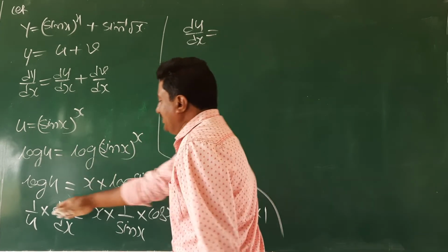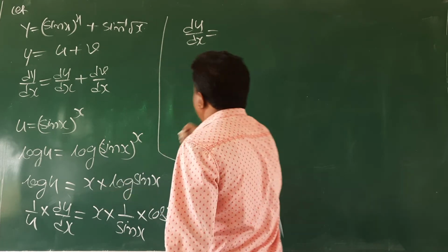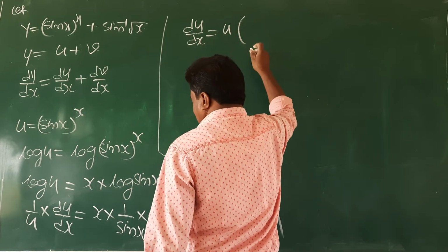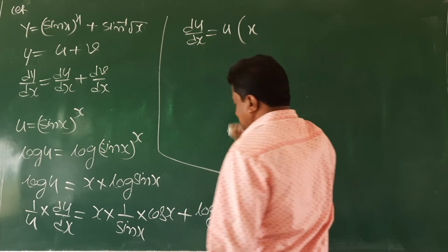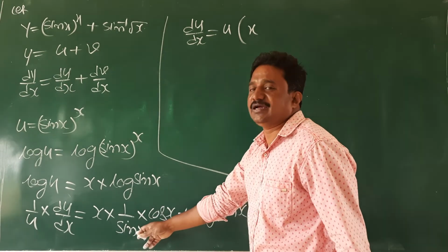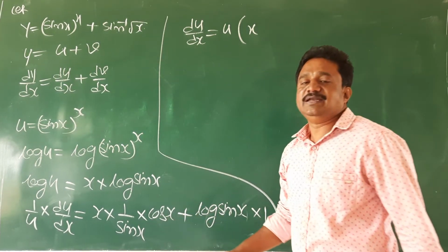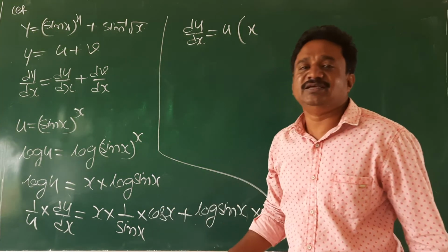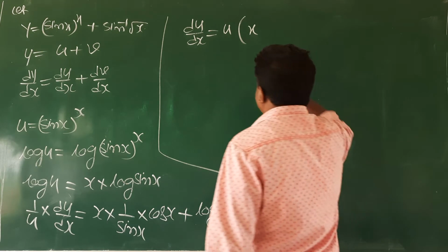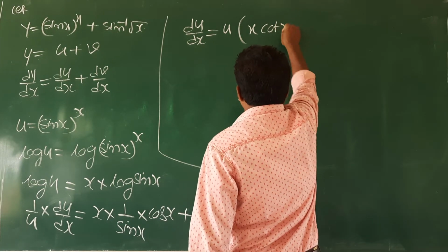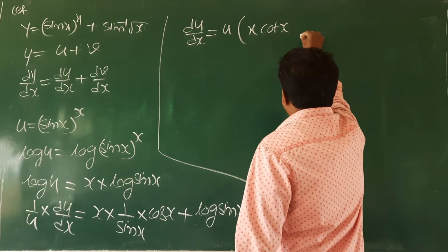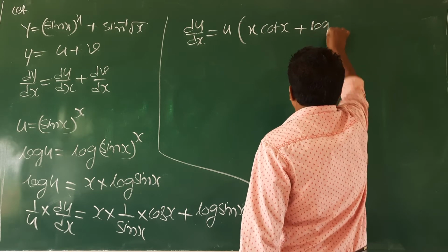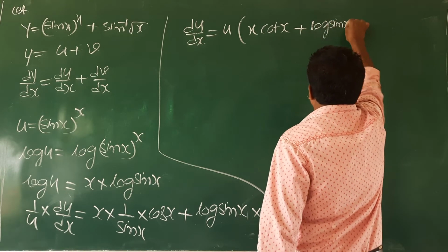Bring that u this side: u into x. What is cos by sin? Cot. Sin theta by cos theta is tan theta, whereas cos theta by sin theta is cot theta. So cot x plus log sin x.